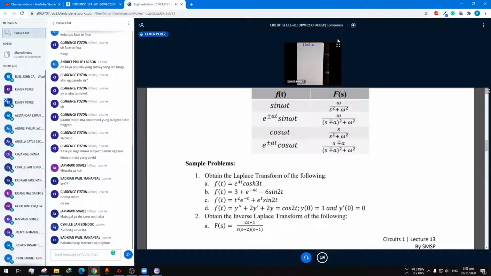Simula nung last week, lagi akong nadi-disconnect. Hindi naman dating ganyan. Parang hindi na naka-recover yata yung Converge. Wala na namang net. Okay. So let's continue. Sorry about the interruption.